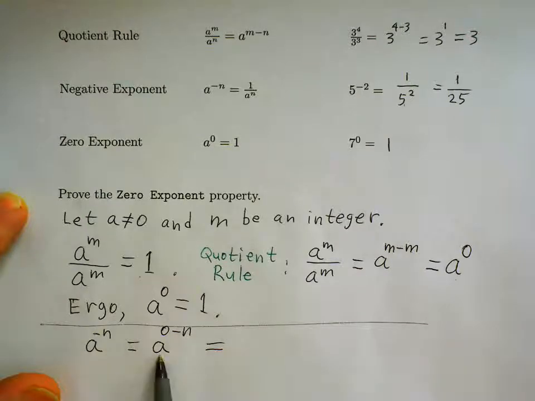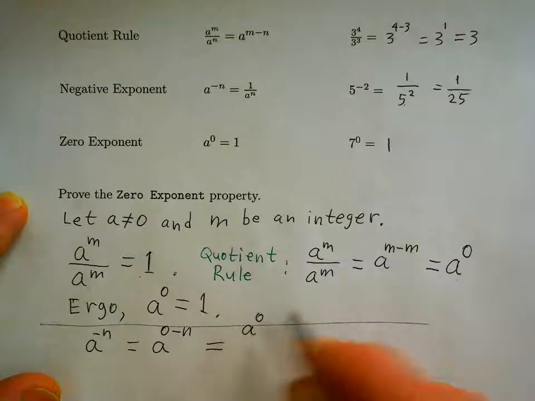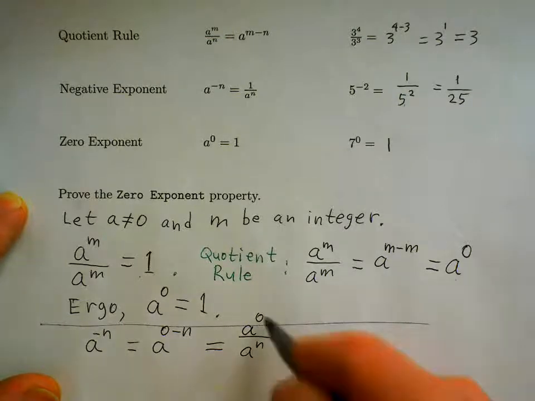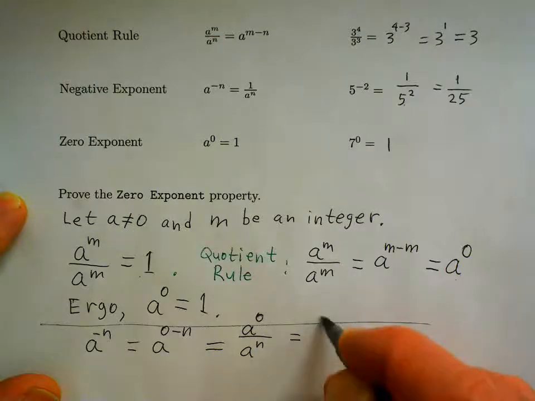So if we do that here, we get a to the 0 divided by a to the n. But we just proved that a to the 0 is 1, so this is equal to 1 over a to the positive n.